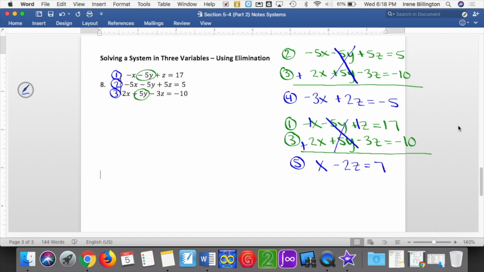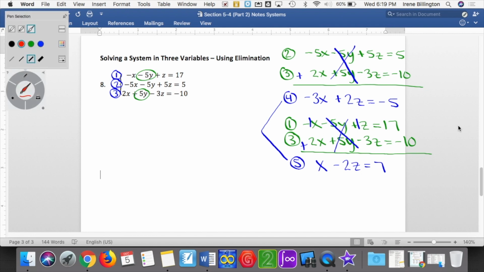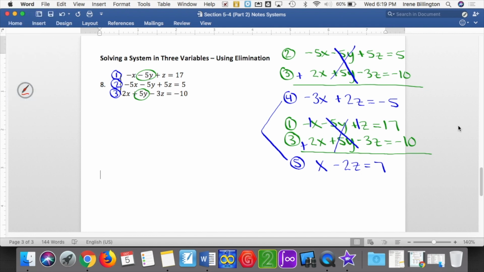Now you will notice that equations 4 and 5 both contain the variables x and z. The next thing we are going to do is use elimination yet again on equations 4 and 5. I want you to notice that the z term in equation 4 and the z term in equation 5 are opposites.